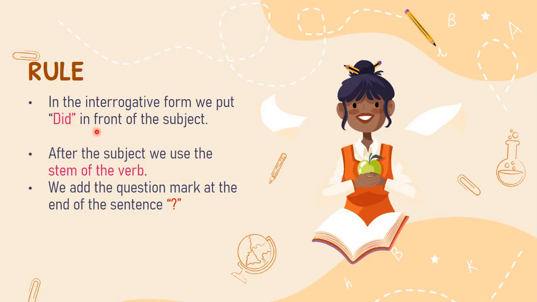Here we need it to make our interrogative form. Then after the subject, we use the stem of the verb. We don't use the verb in the past. Why? Because we already have the helping verb do in the past, which is did. At the end, we add the question mark at the end of the sentence.